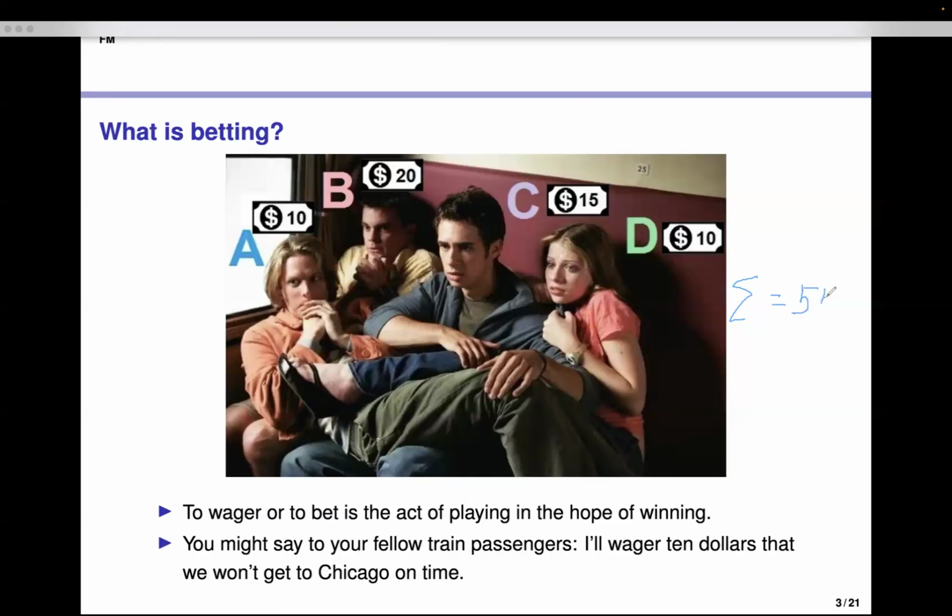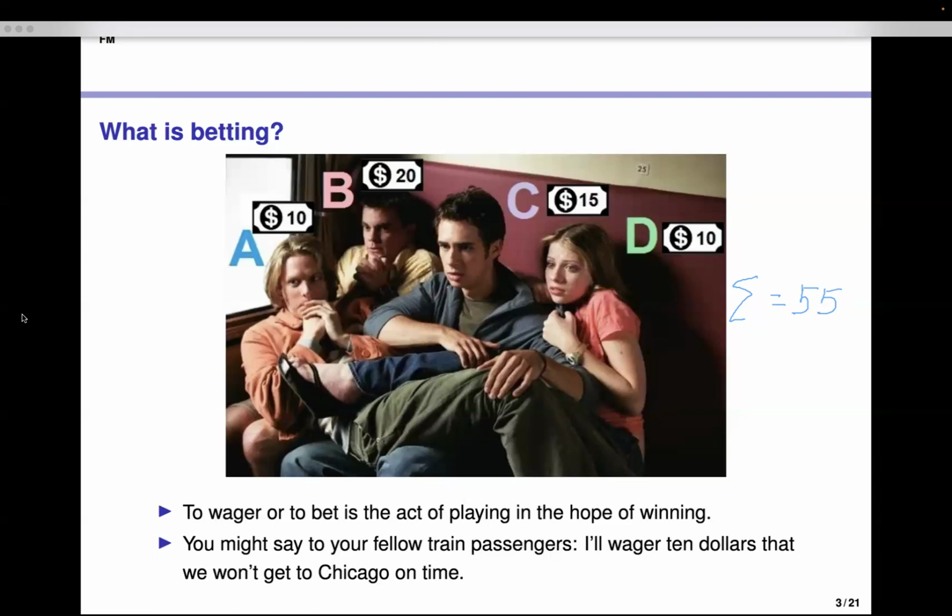And you understand that there can be at least two situations: the train manages to get to Chicago on time, and it won't get to Chicago on time. Yes.